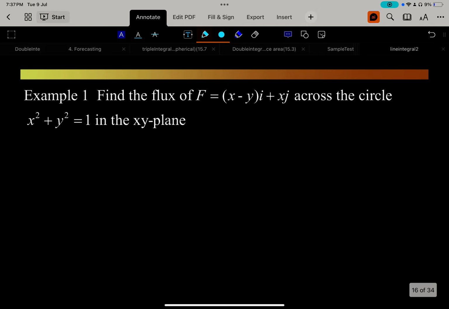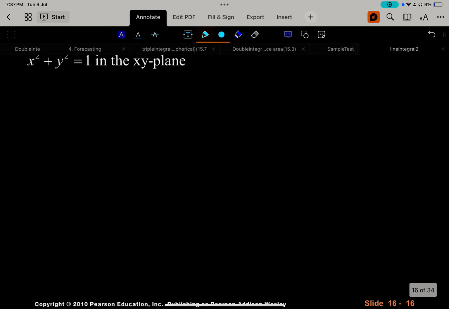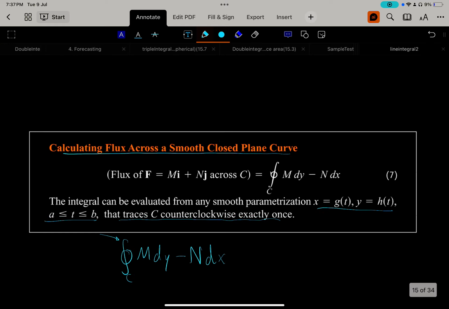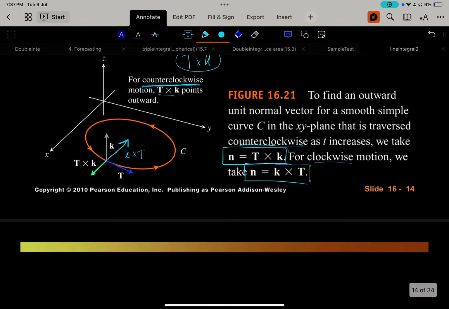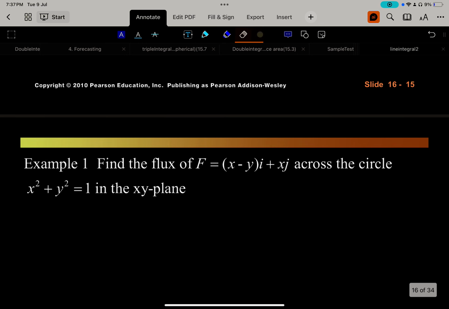Now let's solve an example, as you can see here. Okay, so we want to find the flux. First we have the force field, and we want to identify M and N and also x and y. Basically M is this and N is this.